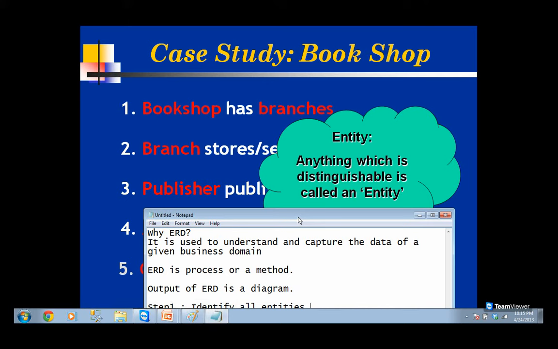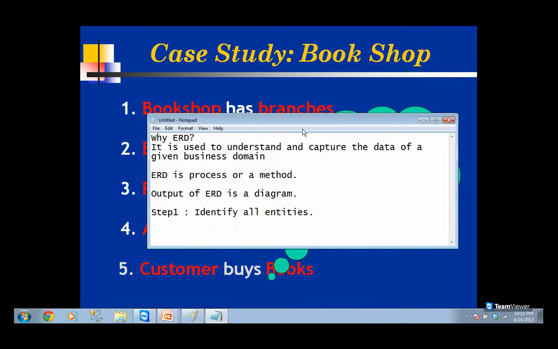Okay, so you have to identify all entities, but the question is, how do I identify? Now you're saying identify, but how do I do that? That is a question people would ask. How do I find entities?